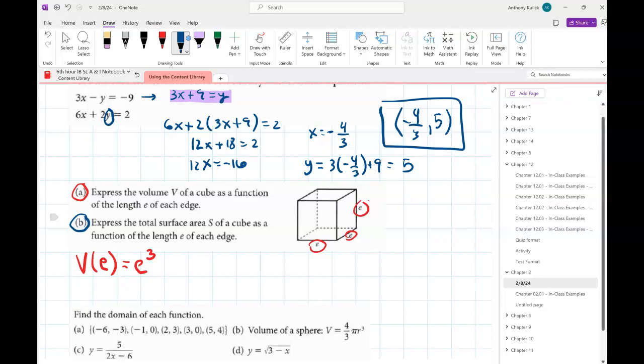Okay? And each side is the same, right? So how do I find the area of one side? E squared. And we have 6 of those. So it should be 6e squared, right? Everybody feel good on how we did that? Again, I didn't write much down. We just kind of talked it out. That felt enough.